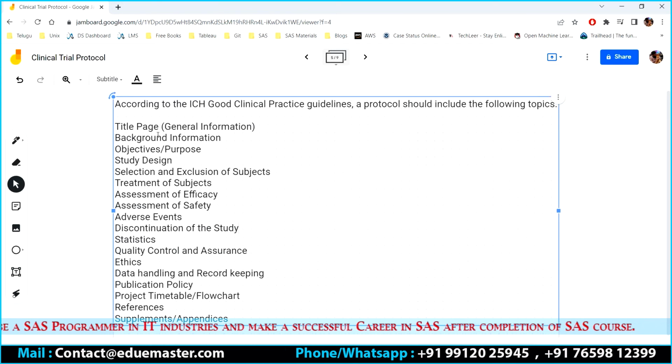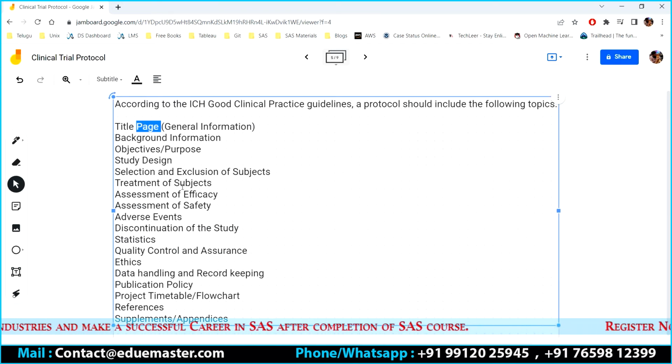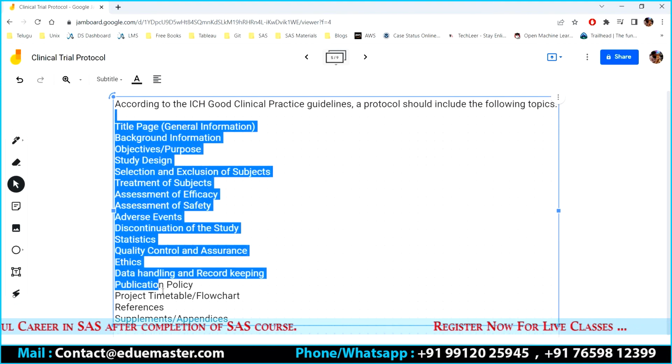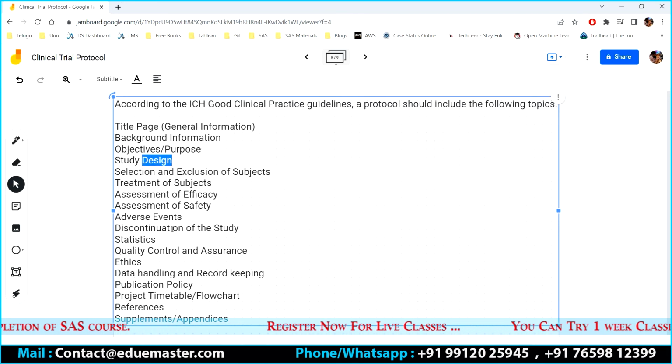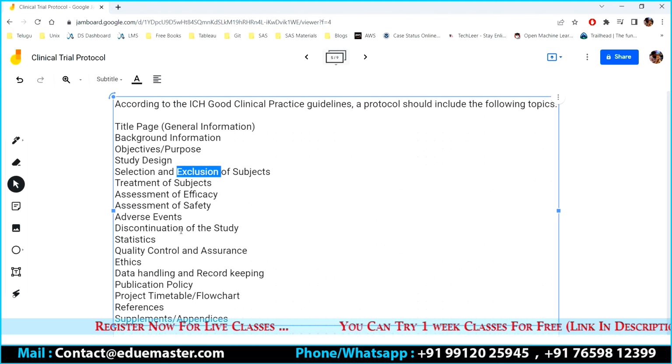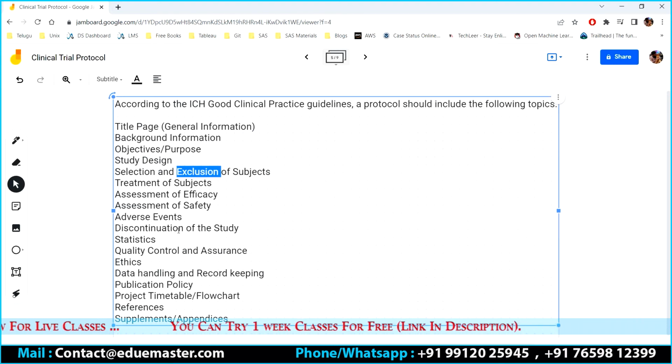Right? The reason I am going through this is that for the next 2 classes, we are going to discuss all of this, everything. What is a study design? What are the types of study design we have? If someone asks what is selection or exclusion of subjects, on what basis you do the selection, on what basis you do the exclusion, right?